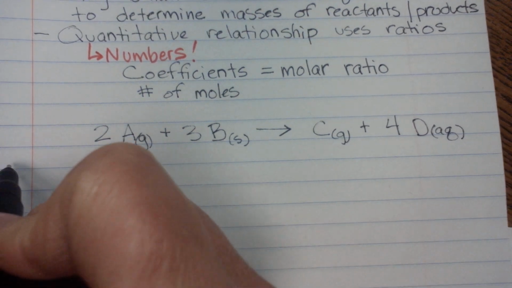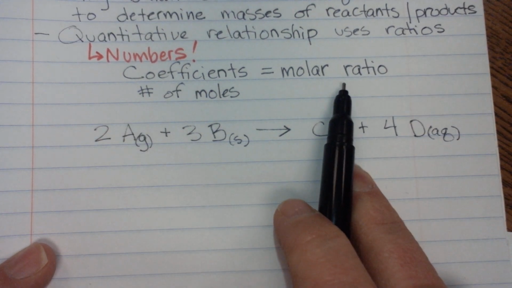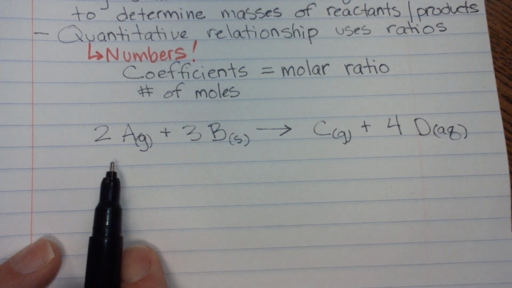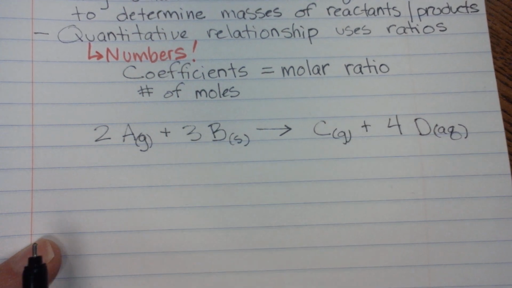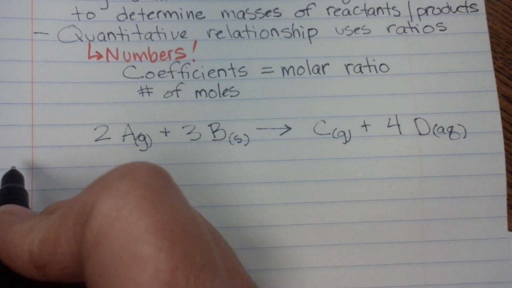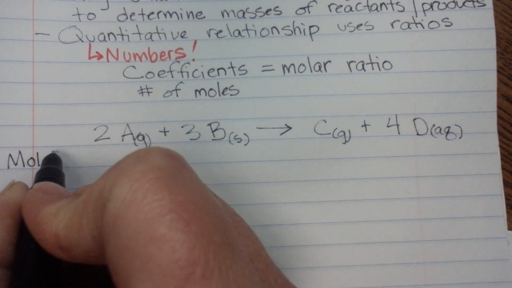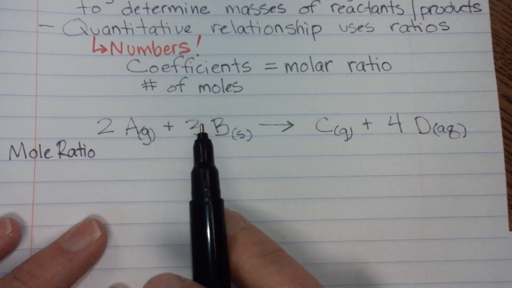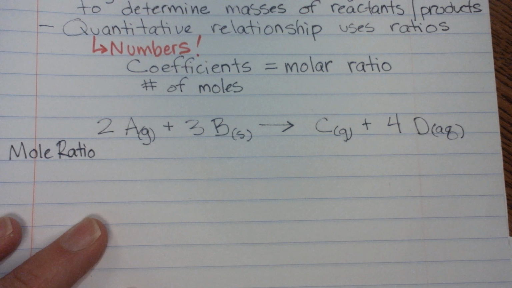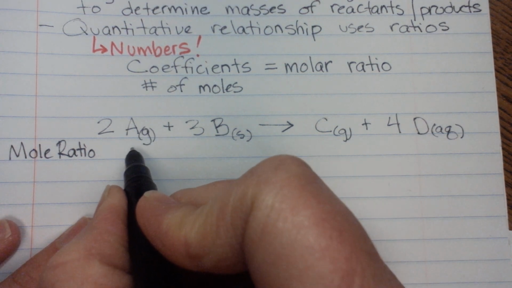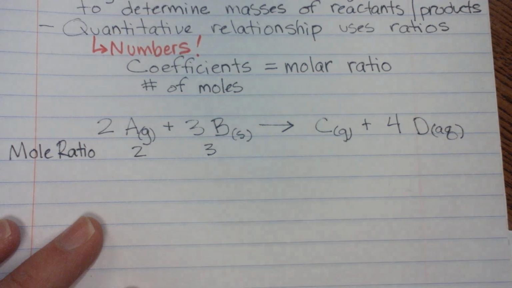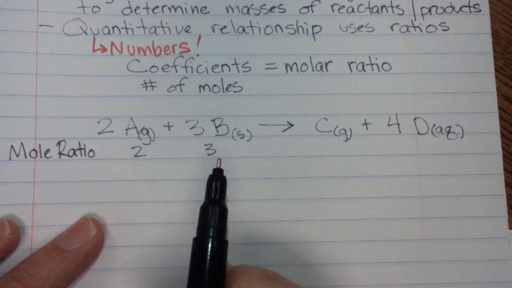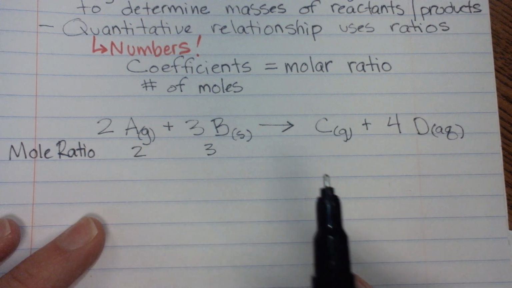So remember we needed mole ratio. So what is the mole ratio of A to B? Well, let's talk about mole ratio. If I am comparing how many moles of A that I need for this equation to how many moles of B that I need for this equation, then I know that I need 2 moles of A and 3 moles of B. If I have 2 moles of A and 3 moles of B, how many moles of C am I going to come up with?